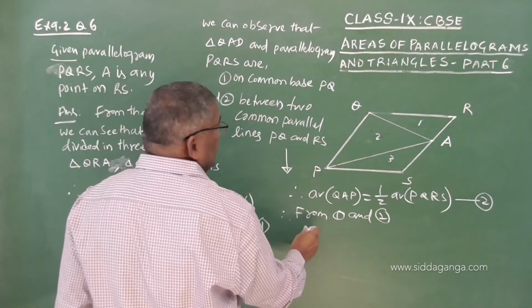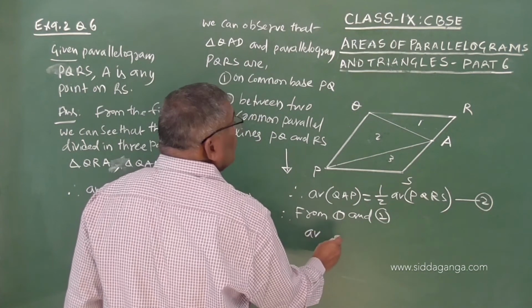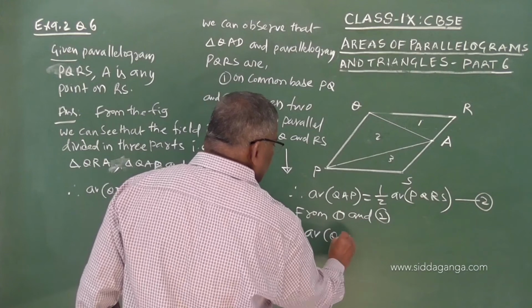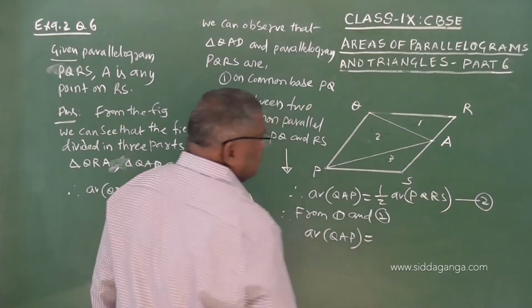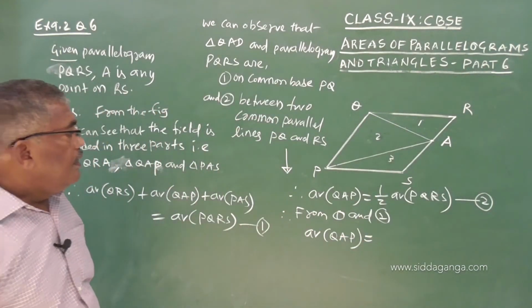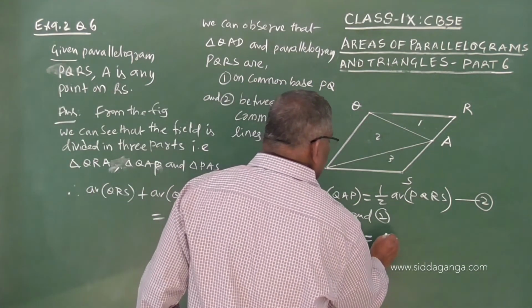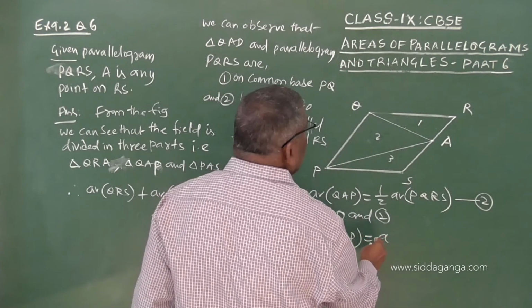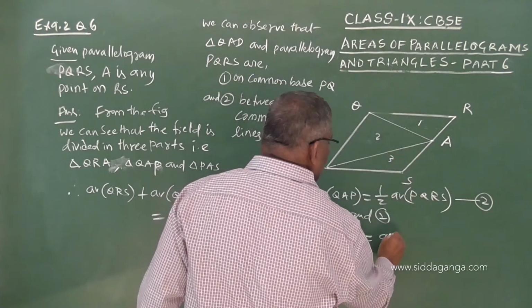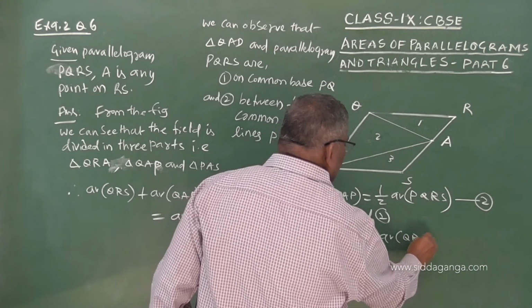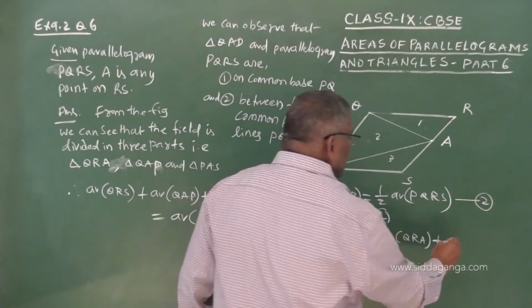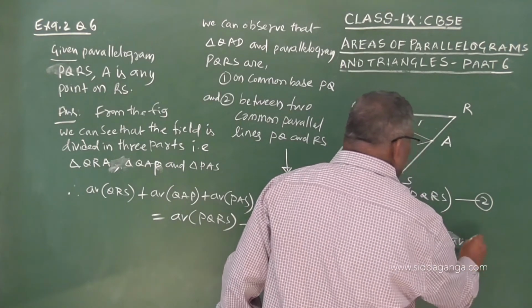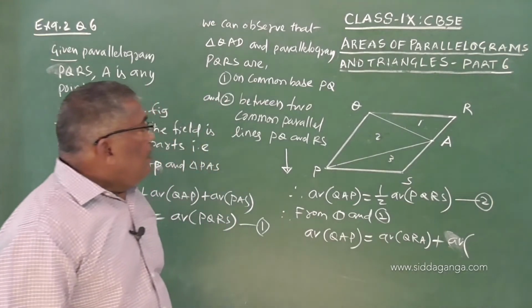Therefore, we can say area QAP will be equal to area QRA, this one, plus area PAS.